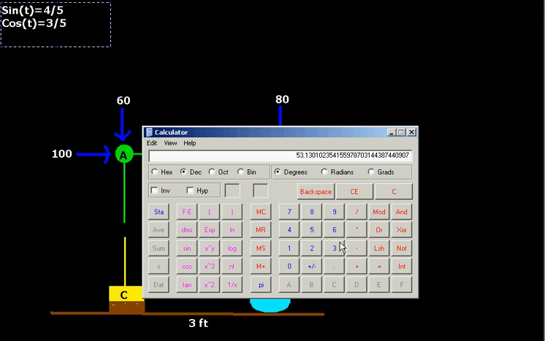And then if I take the 3/5, 0.6, and take the inverse sine of that, there we go. There we get that 37-degree angle that Dr. Christo always uses.